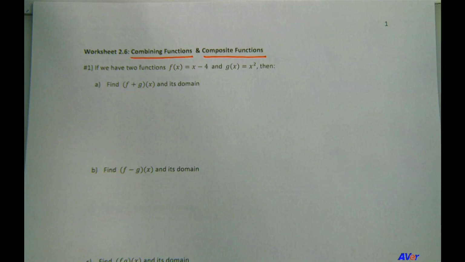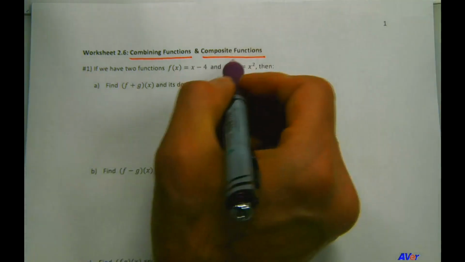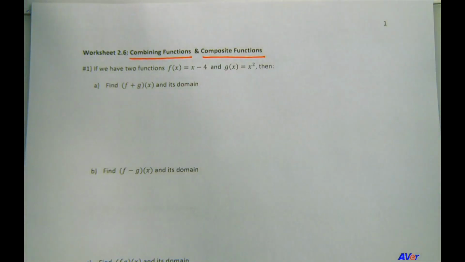The other topic is composite functions. In composite functions, we're not carrying out any of the operations you're going to see with combining functions. We're not going to add, subtract, multiply, or divide functions by each other.